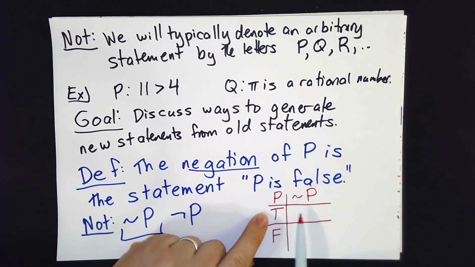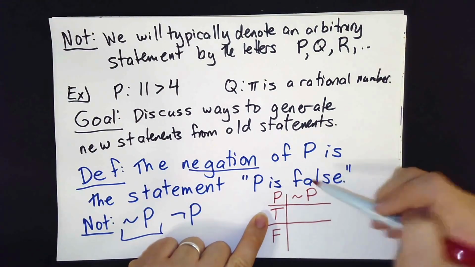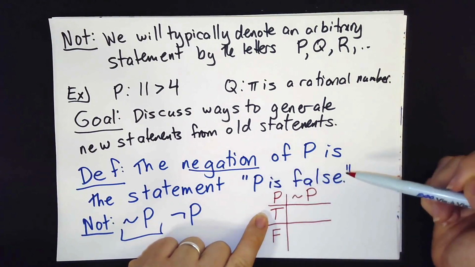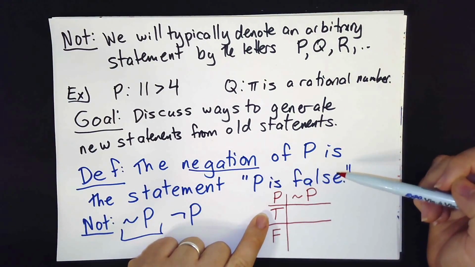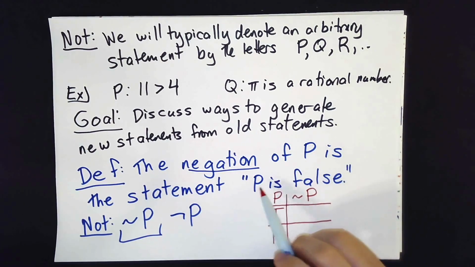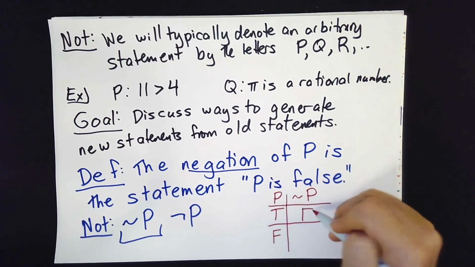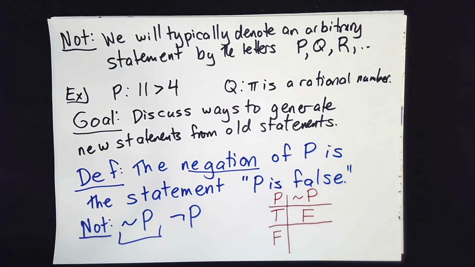If P is true, then what's the negation of P? Well, the negation of P is the statement P is false. But importantly, nothing can be both true and false. It can only be one or the other. So if P is true, P is not false. And so the statement P is false is false. And so the negation of P is false.